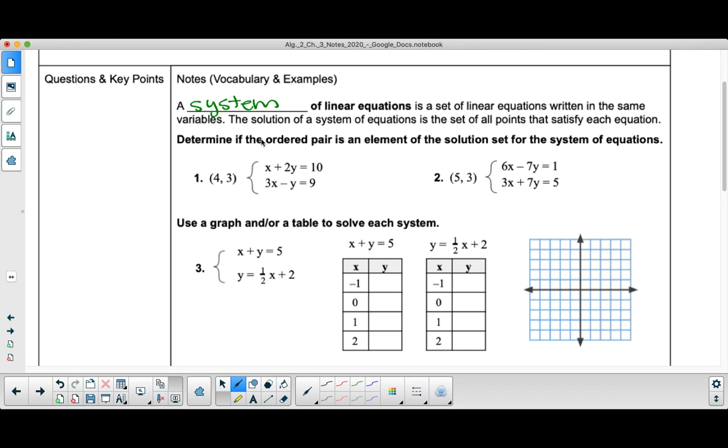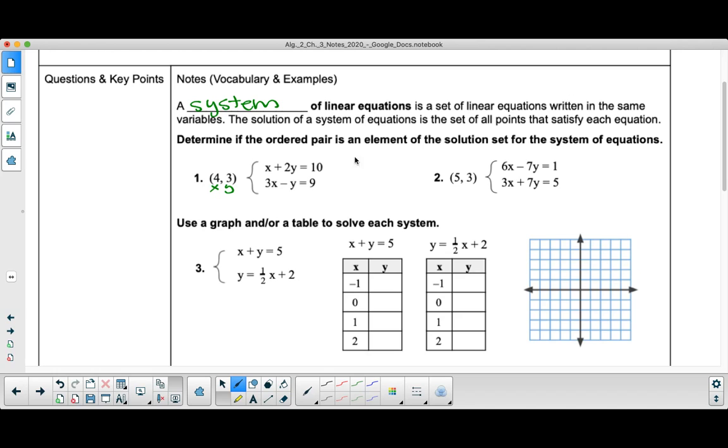So first, we're going to look at how we might determine if an ordered pair, or a point, is a solution for that system of equations. The point (4, 3) represents an x and a y value. What we're going to do with that x and y value is plug it into our equations and see if the statements are true, if they are in fact both equal to 10 and then 9.